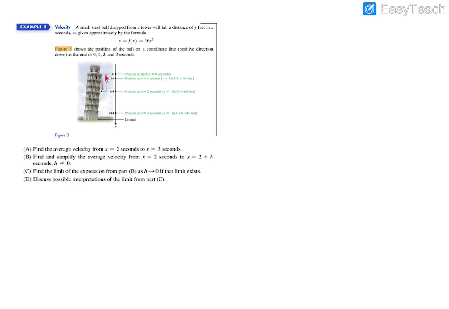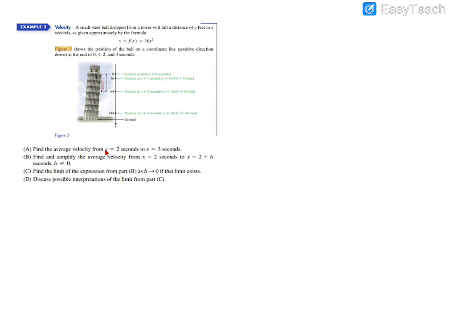So from 0 to that point, the distance is 16 feet. If x equals 2, the position is 16 times 2 squared, so this distance is 64 feet. And when x equals 3, you can calculate this is 144 feet. This is the ground.